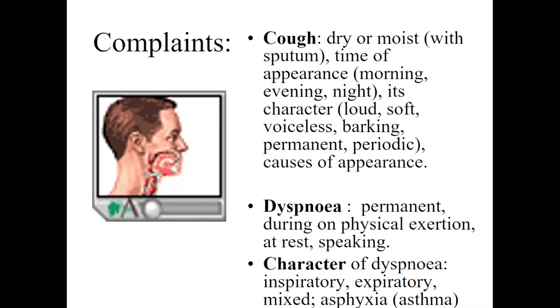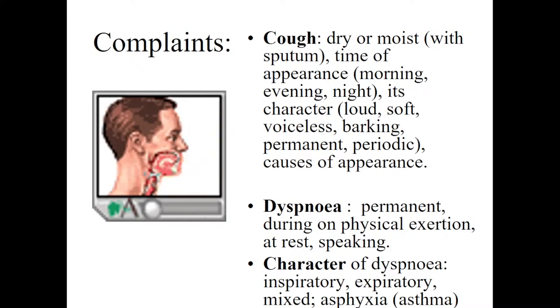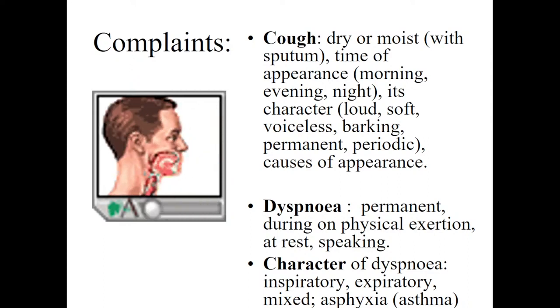We have to assess the nature of cough as a main symptom. Dry or moist with sputum. Time of appearance: morning, evening, night. Its character: loud, soft, voiceless, barking, permanent, periodic, and causes.